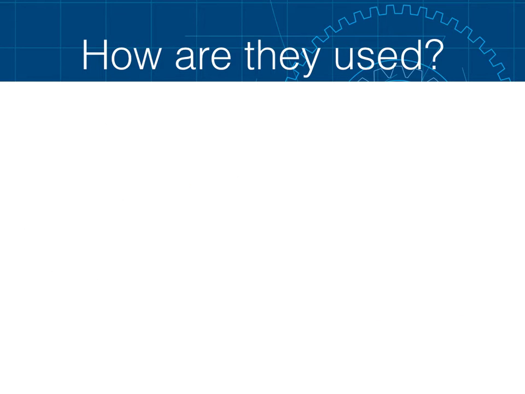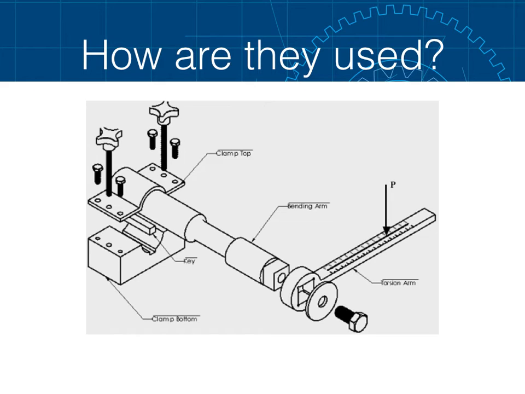Another way strain gauges are used is in the experimental study of materials. In this setup here, we see a force, a measured force that is, being applied at the end of a torsion arm, which induces strains and stresses in the material or the bending arm. This material is situated with strain gauges at various orientations.